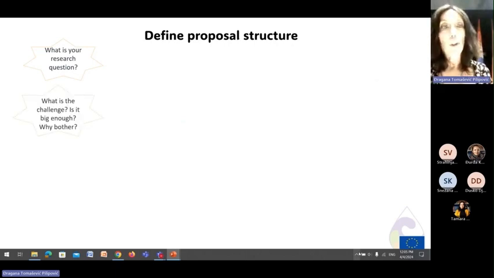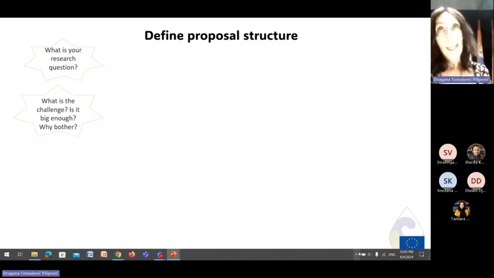Then, it depends here on what kind of call you are applying for. So if you remember yesterday, we talked about top-down and bottom-up approaches in different types of calls. So if the call is bottom-up, it's up to you to define the challenge, right? So you have to define what the problem is, and it should be big enough, interesting enough, urgent enough for the Commission to bother.